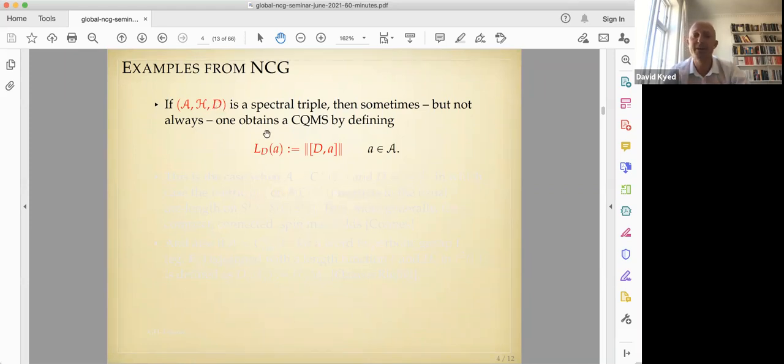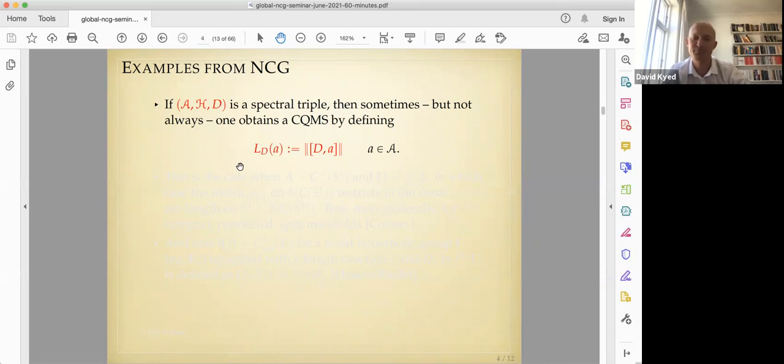Then it is part of the data that these elements from this algebra A are supposed to preserve the domain of D, and the commutator with D is supposed to extend to a bounded linear operator. So it makes sense to look at the operator norm of the commutator, and doing that, you define a semi-norm, and in many interesting cases, not always, you do get a compact quantum metric structure on the C-star envelope of A in B(H).